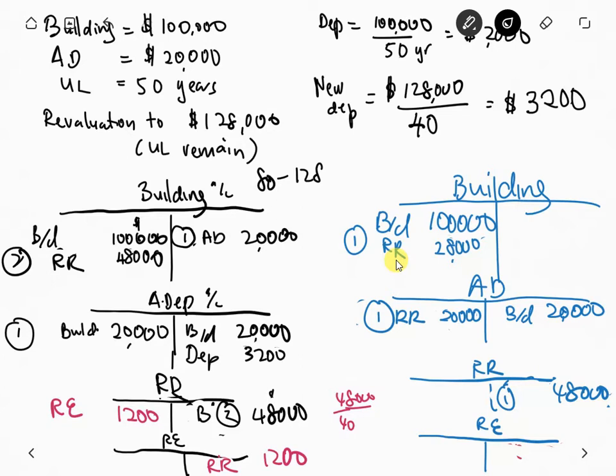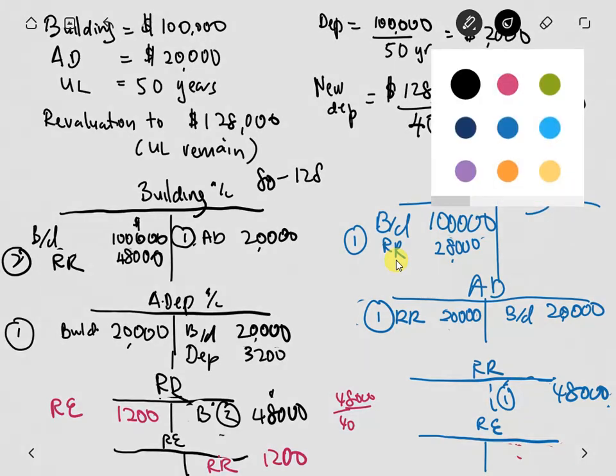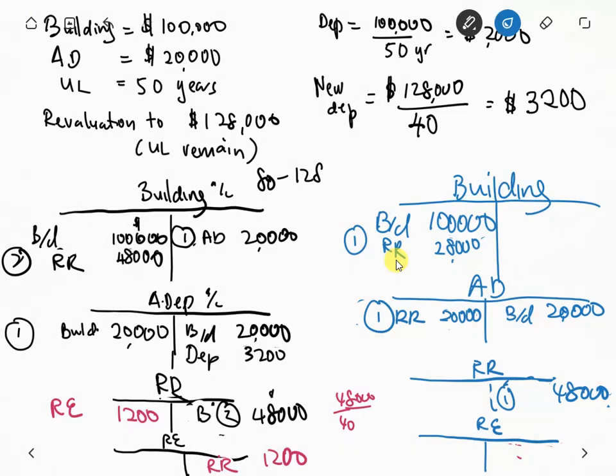Is it okay? Then only I transfer. Here, I will depreciate 3,200, debit depreciation, credit accumulated 32. I left with 48,000 after revaluation 48. I still got 40 years left, meaning I transfer how much over? 48 divided by 40. 1,200 I will transfer to RE.